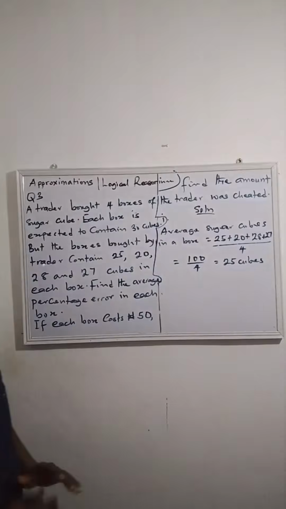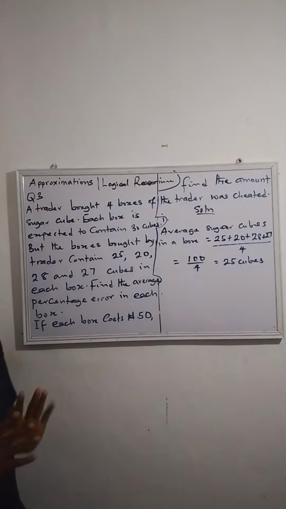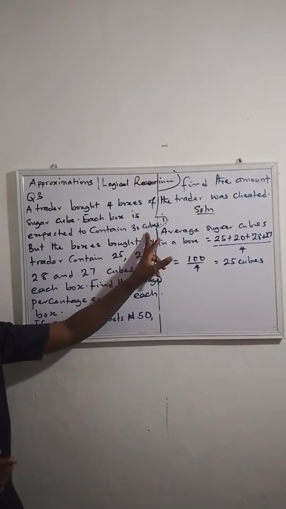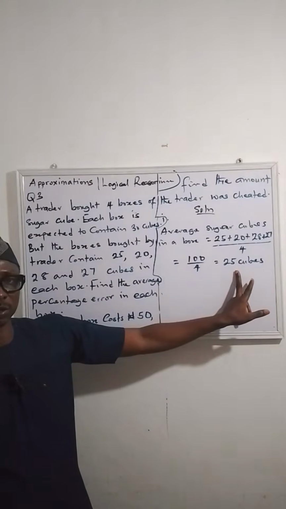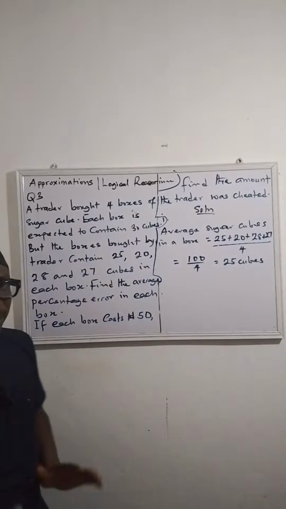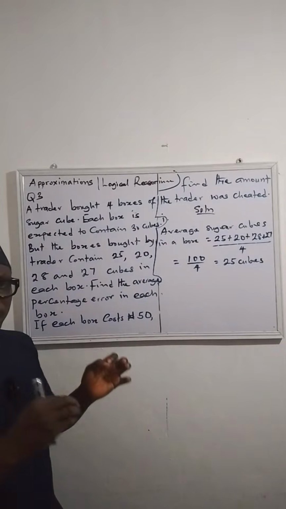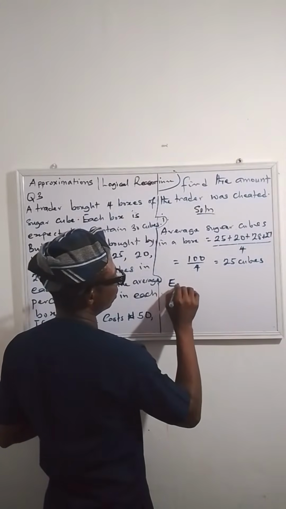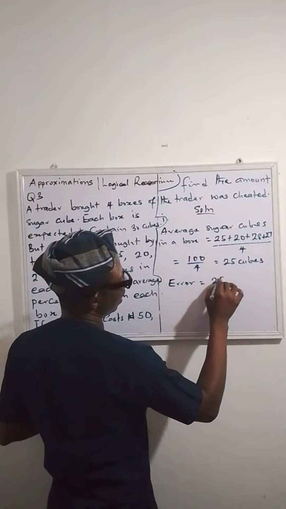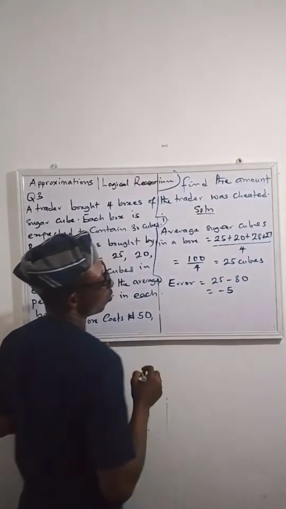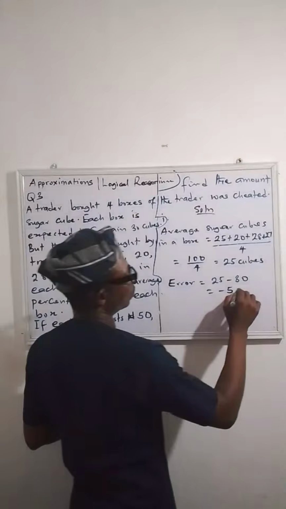All right, so now the question wants us to get the percentage error. You can see the difference. Now what we are expected to have in each box is what? 30. But now on the average each box contains 25 cubes. So that means the error in the number of cubes that's supposed to be in each box is going to be 25 minus 30, and that gives us minus 5 cubes.